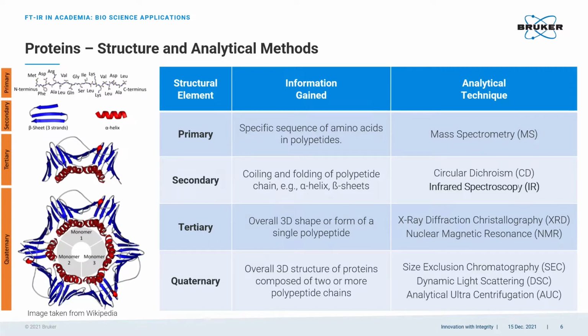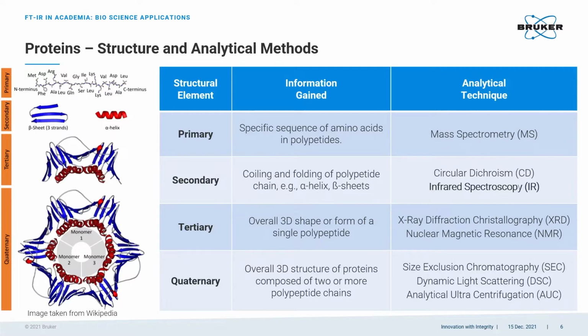Finally, proteins can be present as monomers, but also form multimeric units, oligomers, and that is what is called the quaternary structure. So you see, the protein is a quite complex molecule, and there's no single analytical method that can give you a deep insight into all these structural elements.